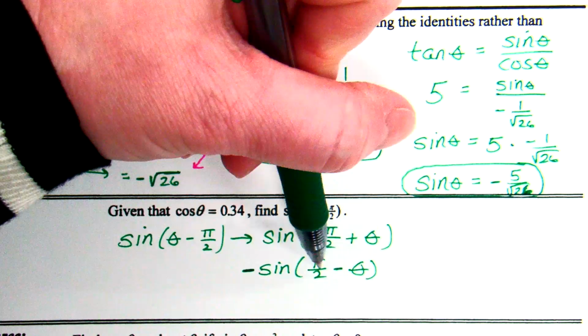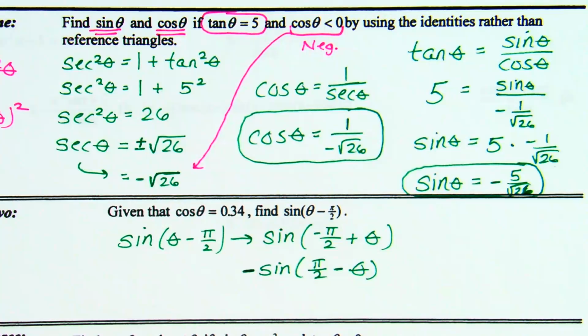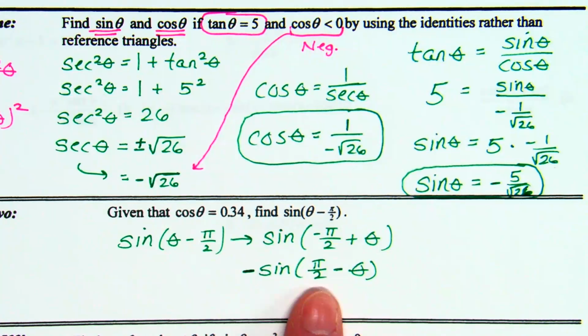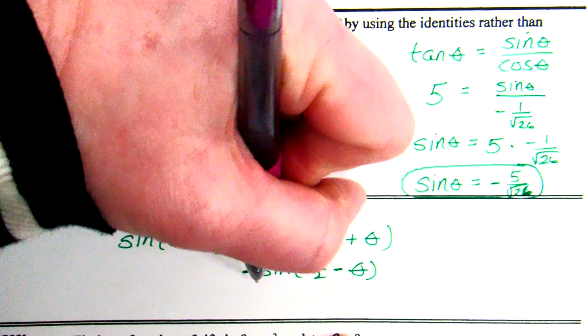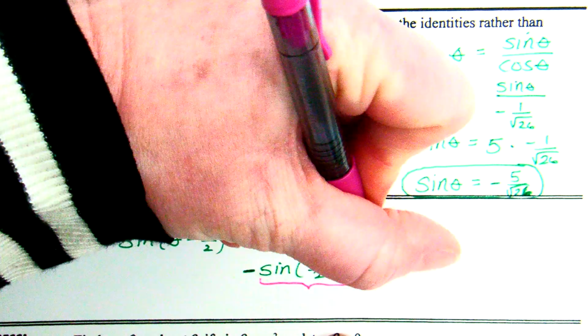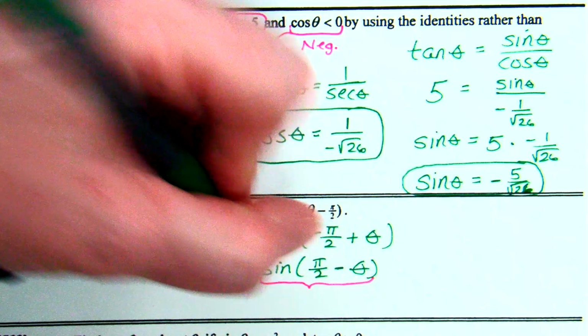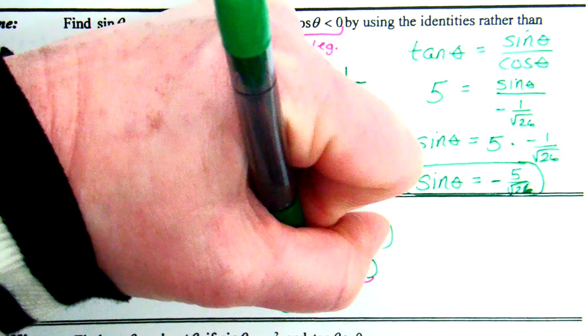What do you know about sine of pi over 2 minus theta from above in our list? It's equal to cosine, yes? So sine of pi over 2 minus theta, this right here, is equal to cosine. And what's out in front of this? A negative.